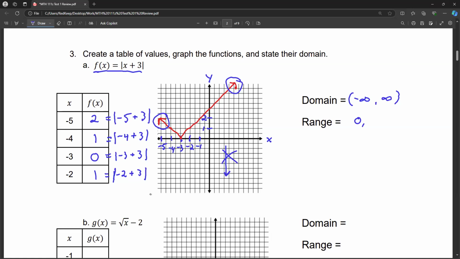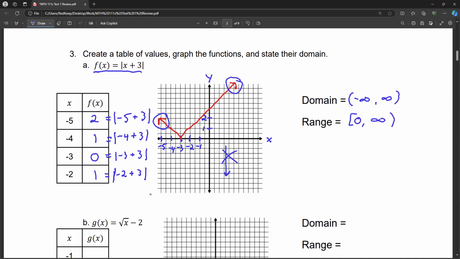That happened when we plugged in -3. And so I can use a square bracket on the left-hand side. But notice those arrows that we drew in on our graph indicate that as the x values go off to -infinity or +infinity, those y values are going to go off to +infinity.